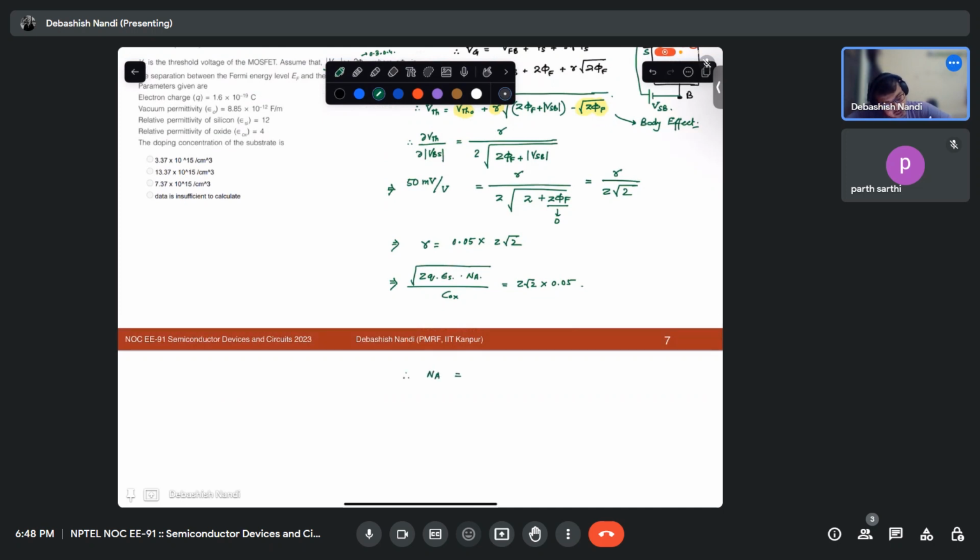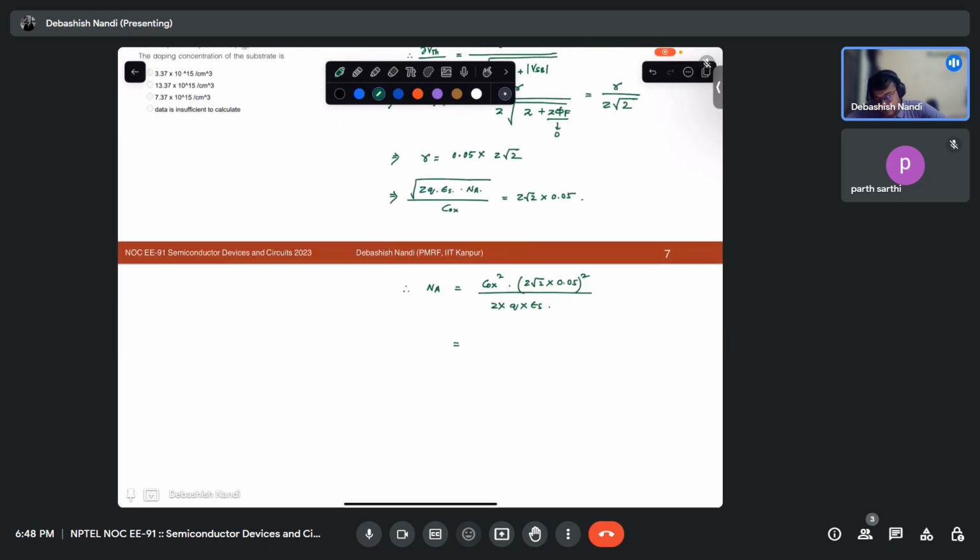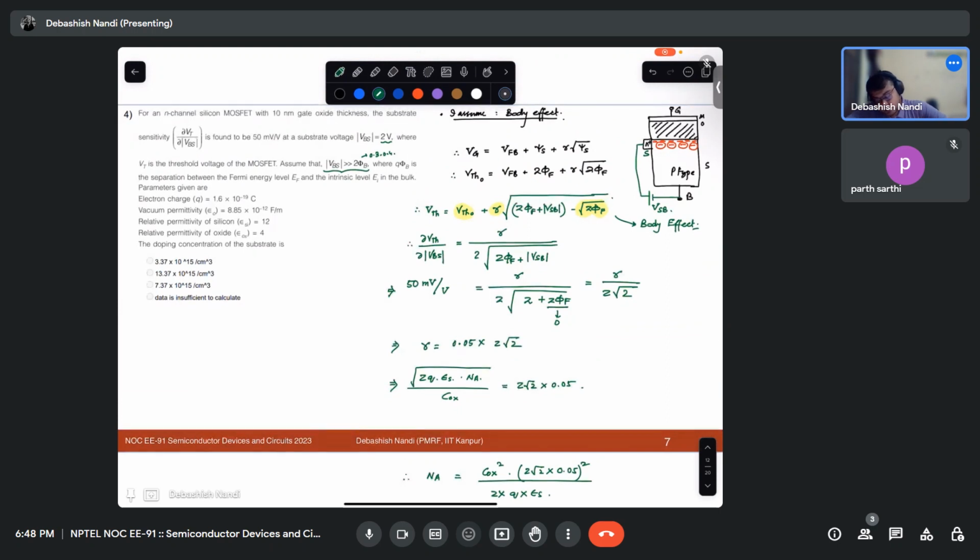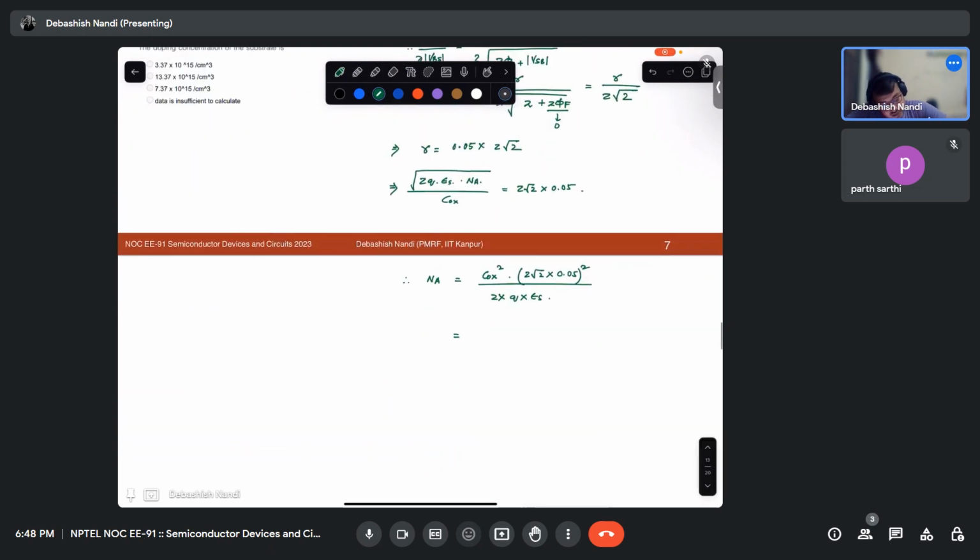Na will be Cox square times 2 root 2 into 0.05 whole square over 2 into q into epsilon s. What is Cox? Cox is Eox square over Tox square, times 2 root 2 into 0.05 whole square over 2 into q into epsilon s.